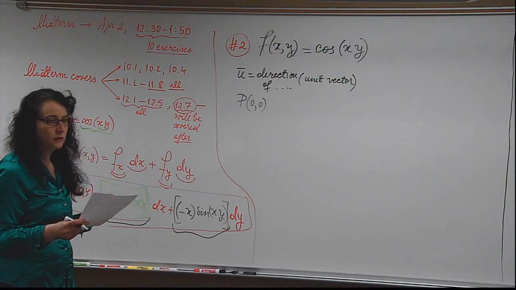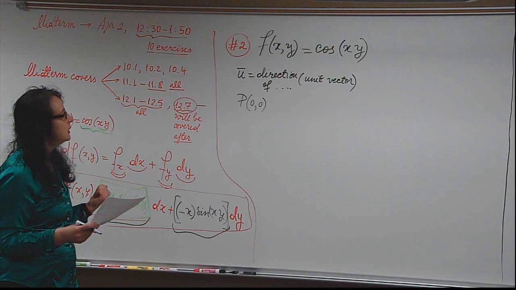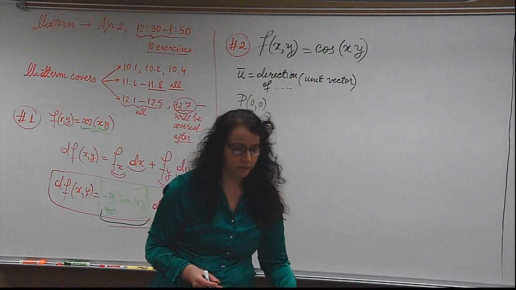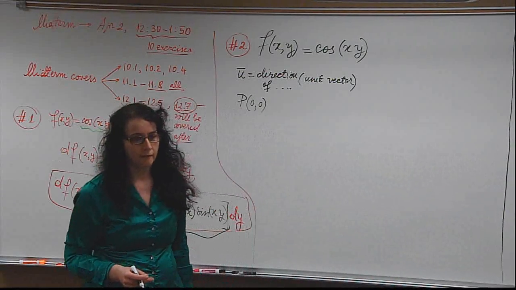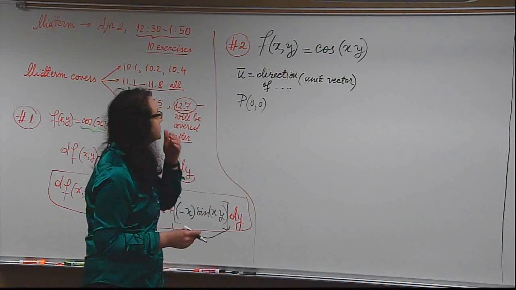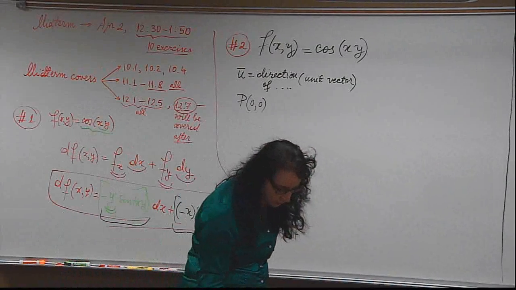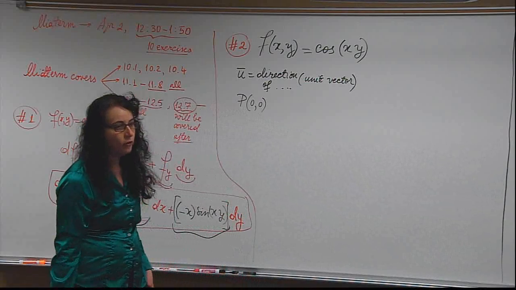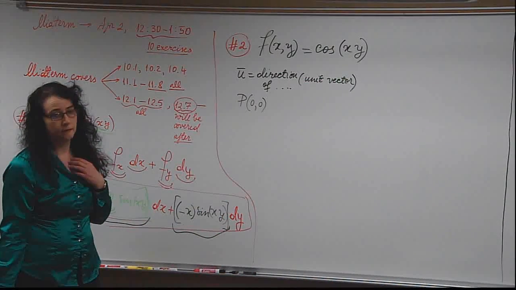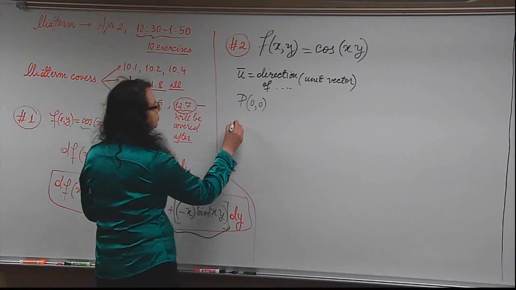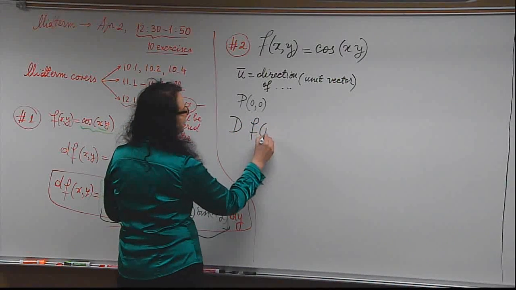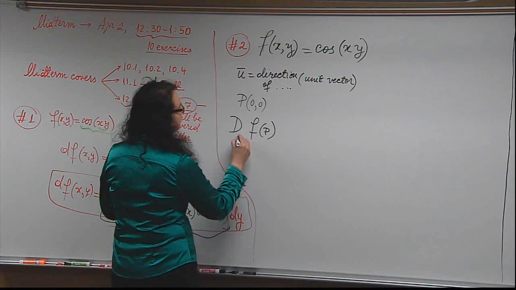All right? So when would it not exist? If there's no direction of highest ascent. Right. If all of them are the same. All right. So what would you have to write in terms of directional derivative for an arbitrary function? What do you know about the directional derivative of a function at a point in the direction of a vector u?